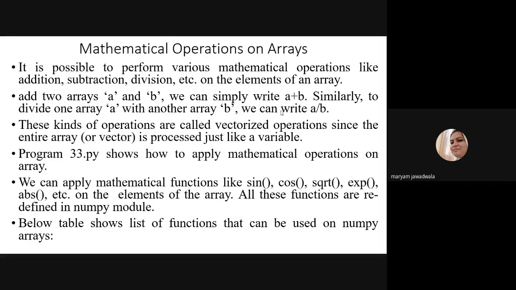But here in numpy you can just use the arithmetic operator plus to add two arrays, minus to subtract two arrays. Likewise, you can perform any mathematical operation on numpy arrays. This point is very important.